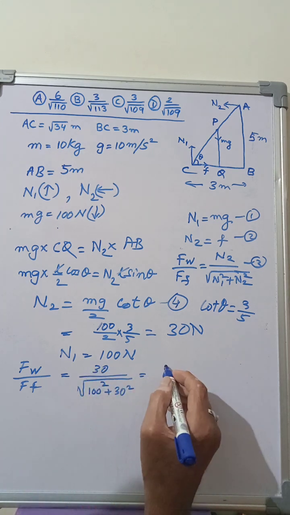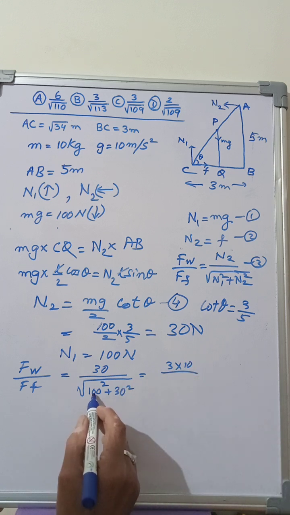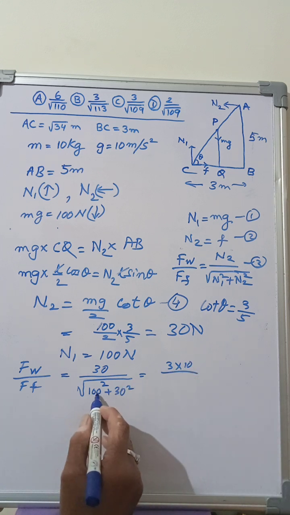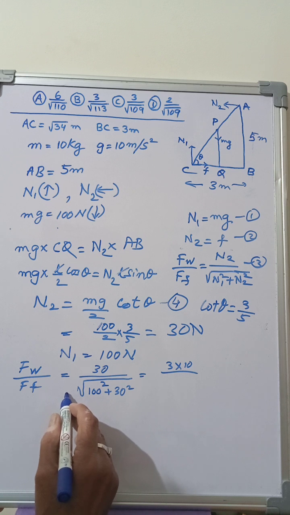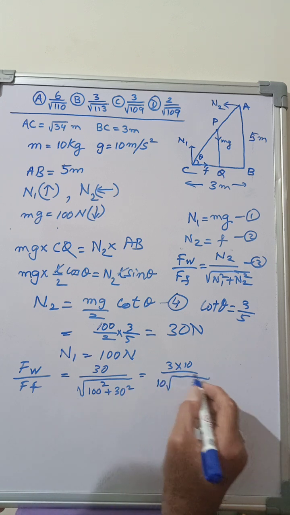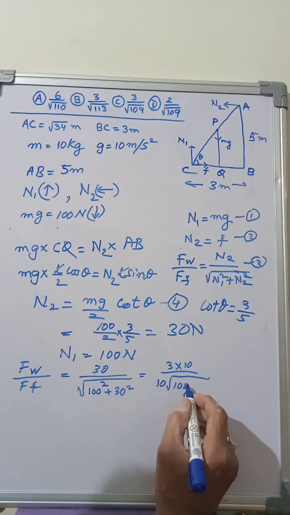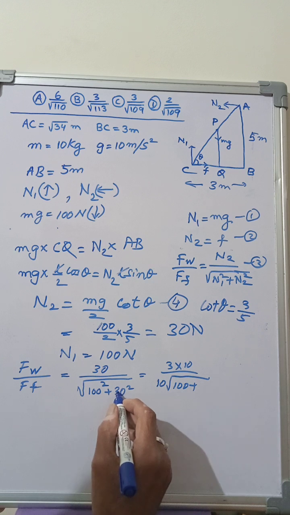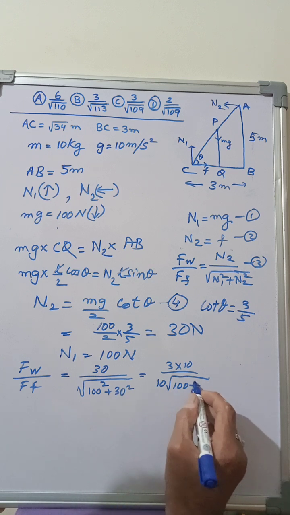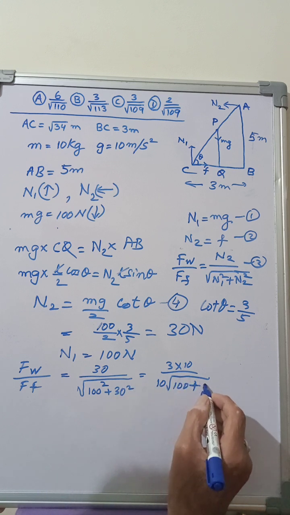Now we can write 30 as 3 into 10, and here 10 square can come out common, and outside the root it will be 10. So 10 into root over 10 square, that is 100, plus 3 square, which is 9.